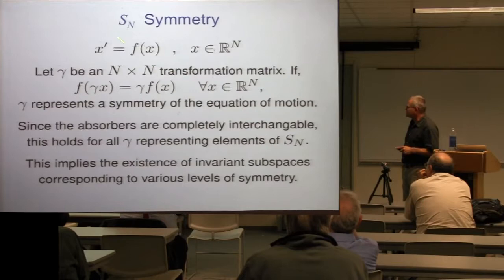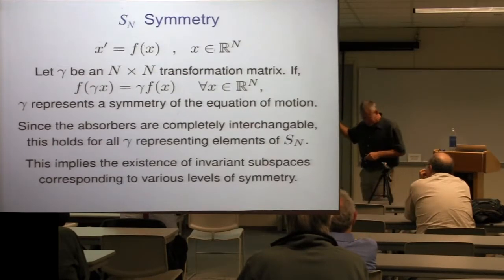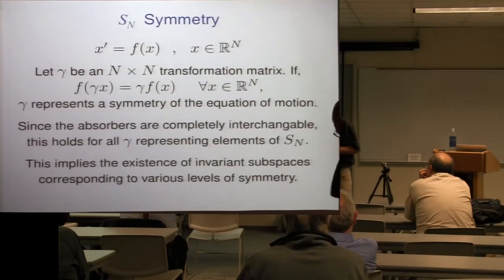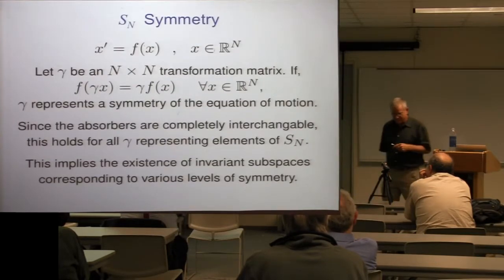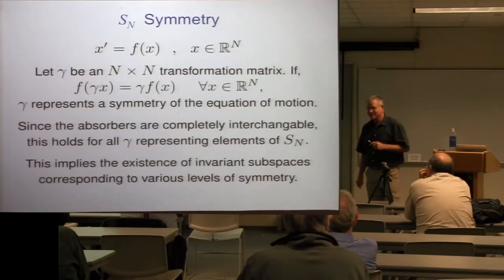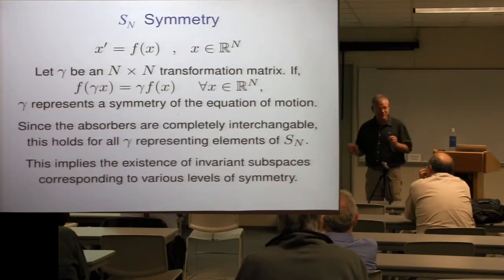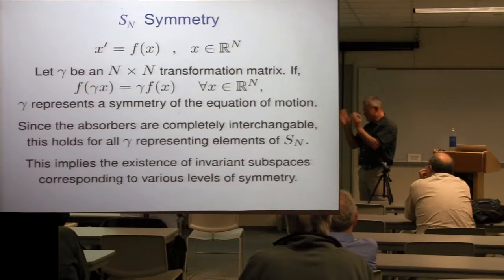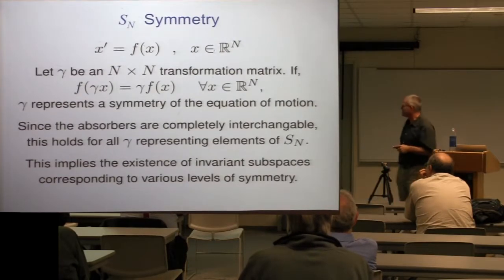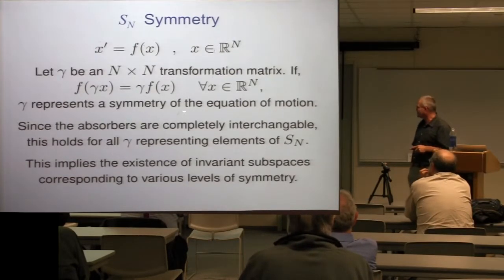But it's represented by this symmetry group, and in the equations I represent these transformations as matrices. By the way, when I got into this, I didn't know anything about equivariant dynamical systems and bifurcation, so the first person I called was Tim Healy. And Tim was very helpful. He said, this is the basic bare bones thing, and that's all I've really done with it. But Tim was very helpful in guiding me how to handle these problems.